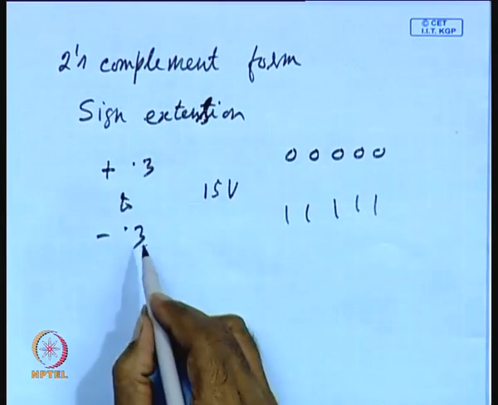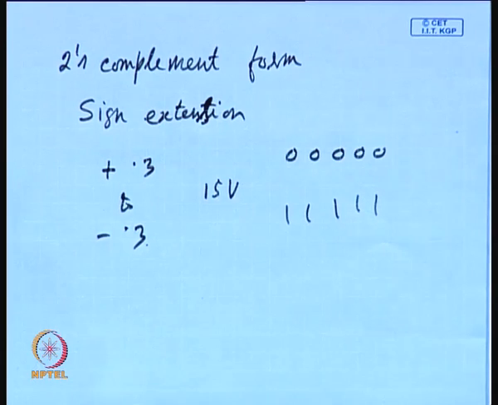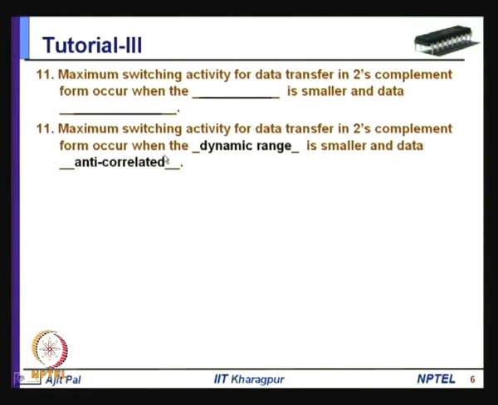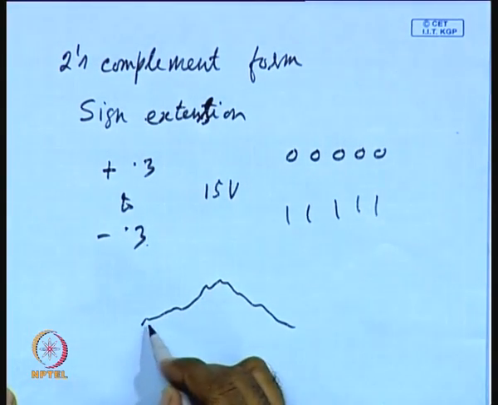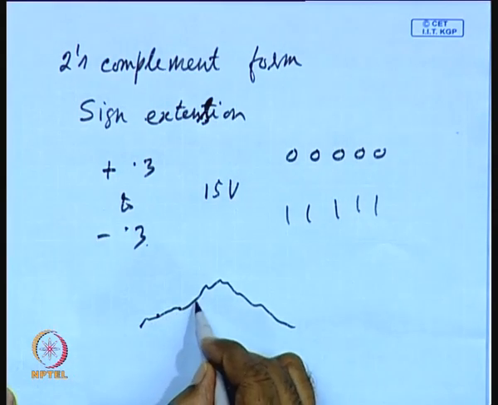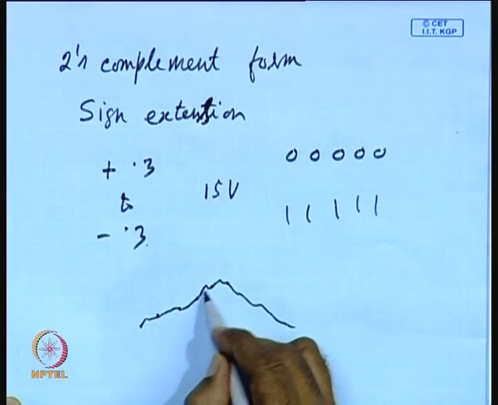activity. Similarly, the switching activity changes because of the correlation factor. For example, if the input changes slowly, increases or decreases, then the consecutive data are correlated. As a consequence, the switching activity will be less.